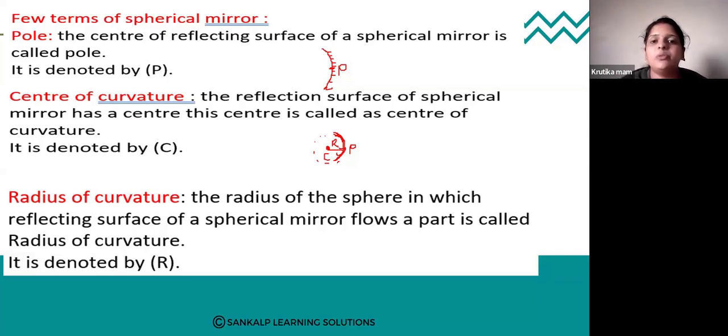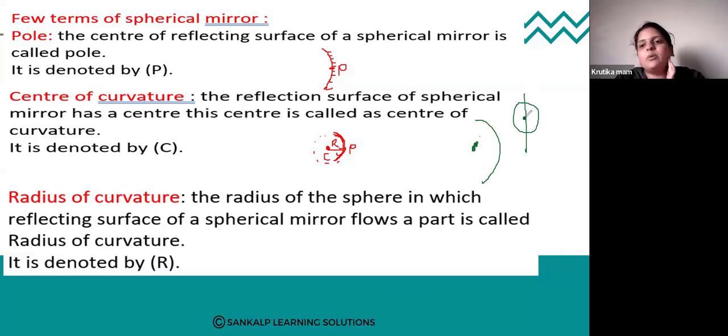The next term is the center of curvature. What is the center of curvature? It is the point of the spherical mirror which forms the part of the spherical mirror. Suppose you have a spherical mirror, and if you cut it, it has a center.